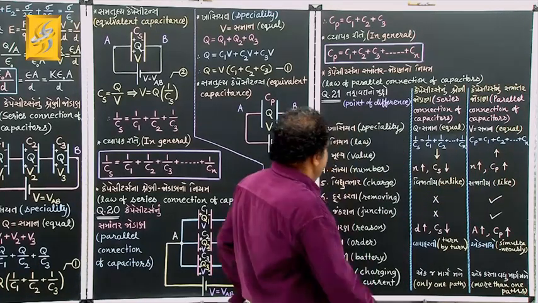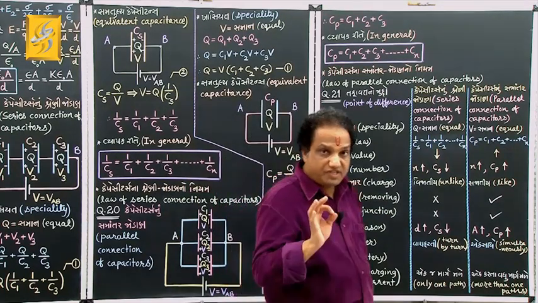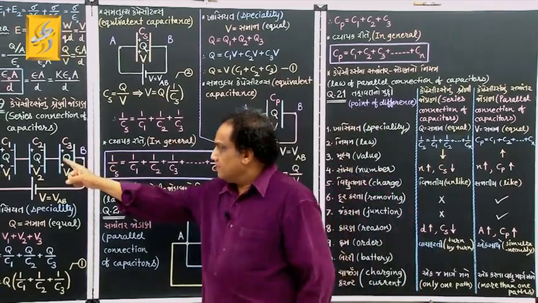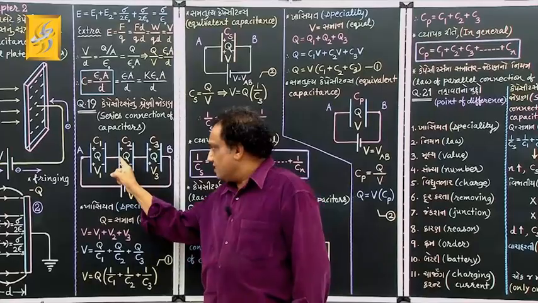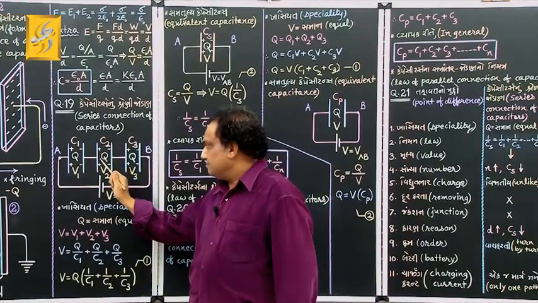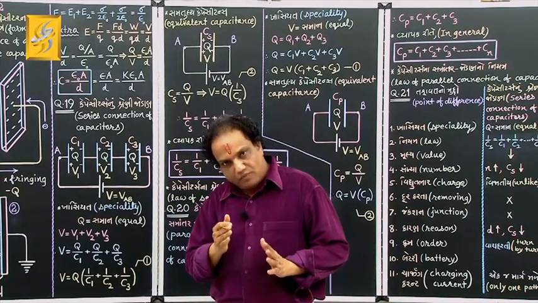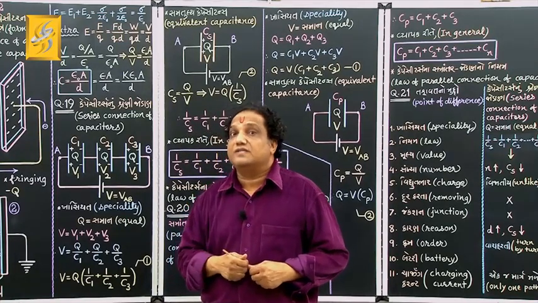Okay. Then what about polarity of the charge for the plates which are interconnected? I am showing you. Here these two plates are interconnected, correct, through this wire. Tell me, what is the polarity of the charge here? Positive, and here negative, correct. One plate is having positive charge, another plate is having negative charge, means they are unlike charges.